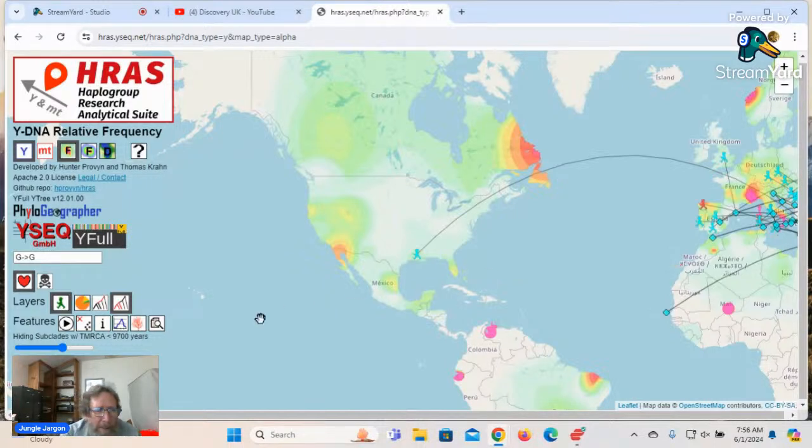And this might be one of the other lineages that crossed with them, because it's a G haplogroup, which is Syrian, and it goes back almost, well, it was 10,000.